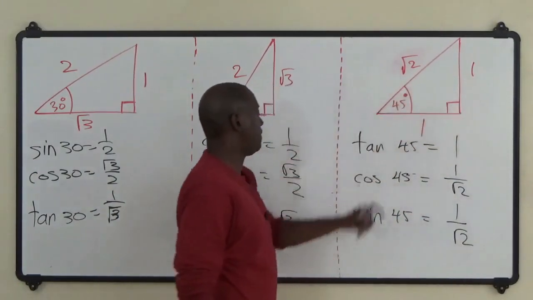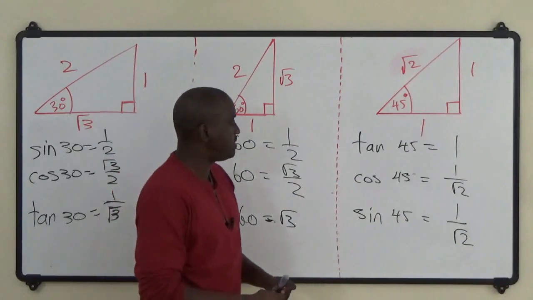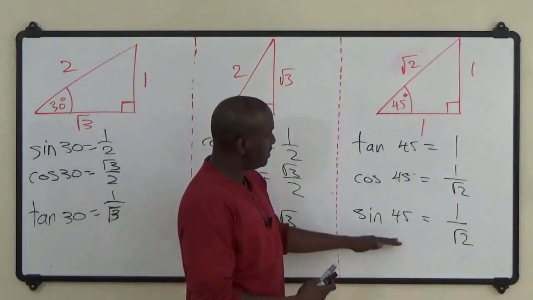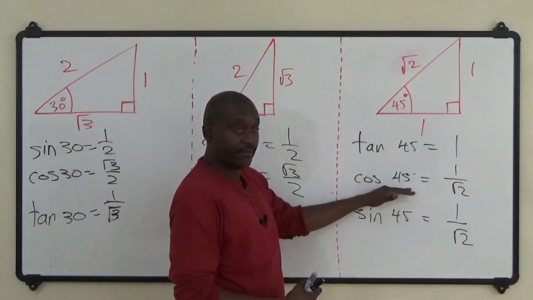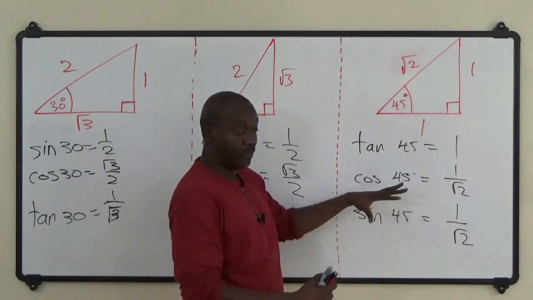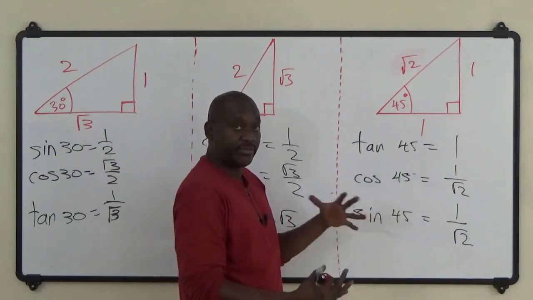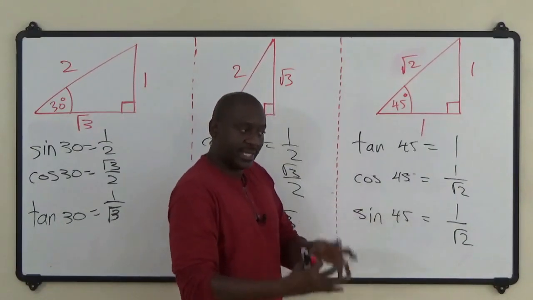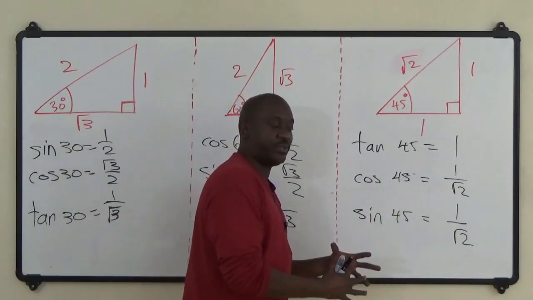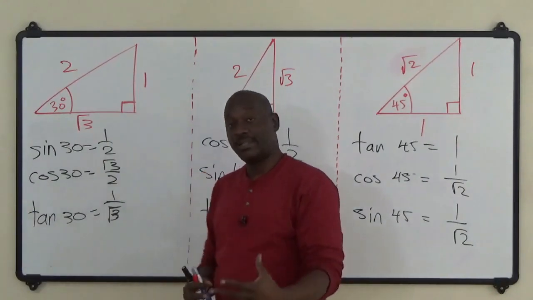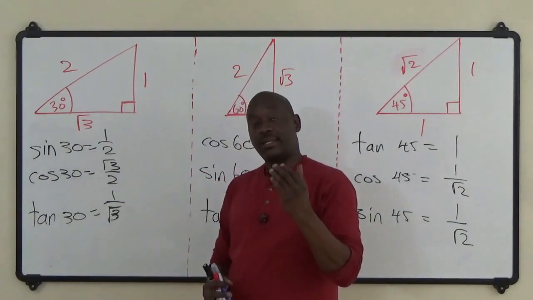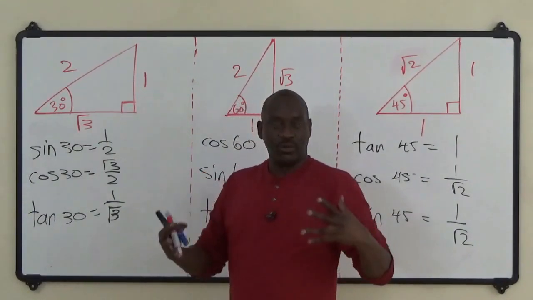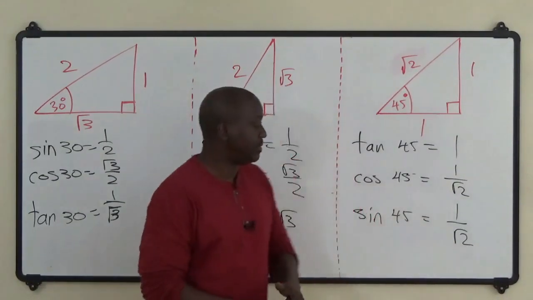Of course, you realize that sine 45 is equal to cosine 45. And that being said, if sine 45 is equal to cosine 45, then sine 45 over cosine 45, sine over cosine being equal to tan, will be equal to 1, because anything divided by itself is equal to 1.